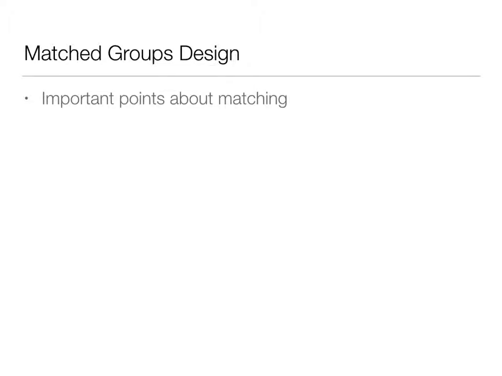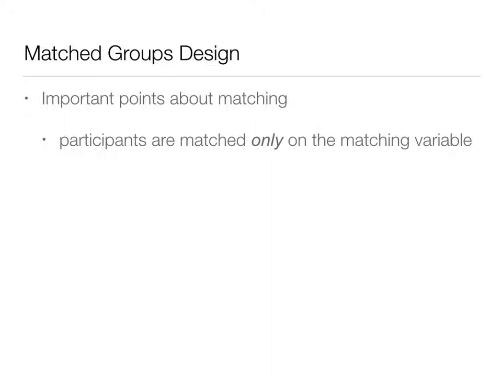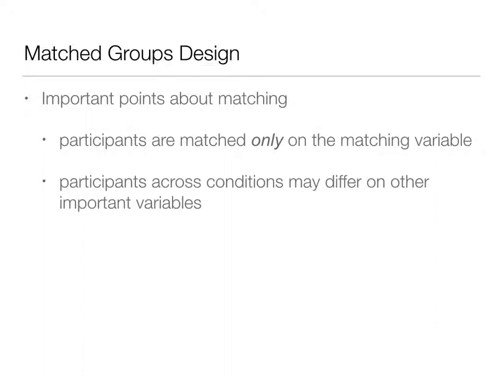So the important points about matching are that participants are only matched on the matching variable. So while we will have really equal groups on IQ if we're matching on IQ, or height if we're matching on height, the participants are going to vary a bit on other things, right? So there's still going to be variability between the groups.